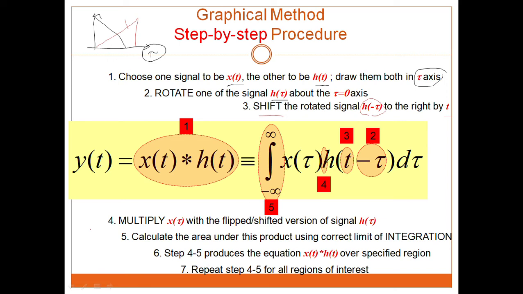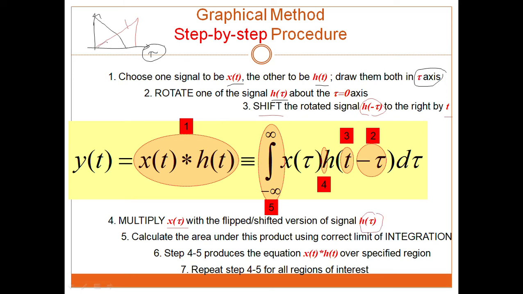Okay, so for the first one, we put the signals side by side. Now we have rotated and shifted h(t). Now we multiply it with the first signal x(t), with the flipped and shifted version of h(t).